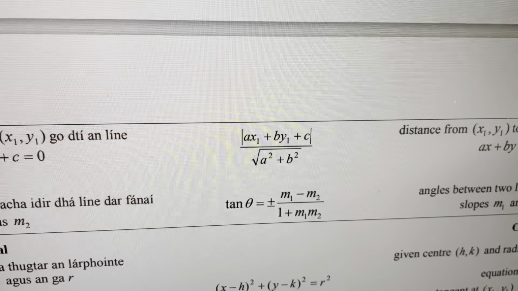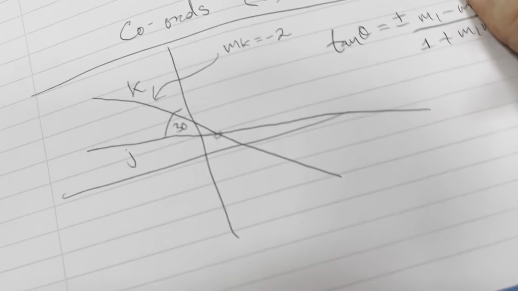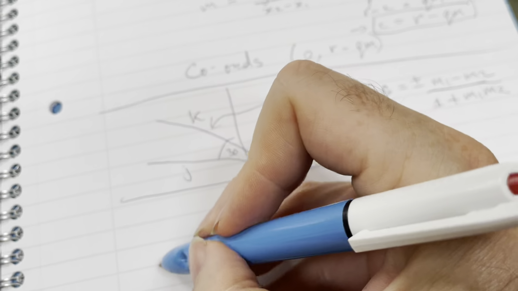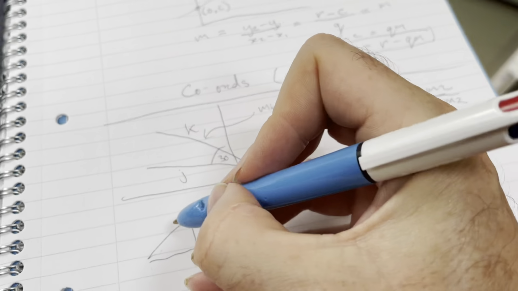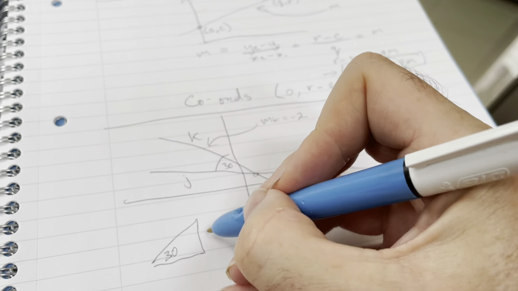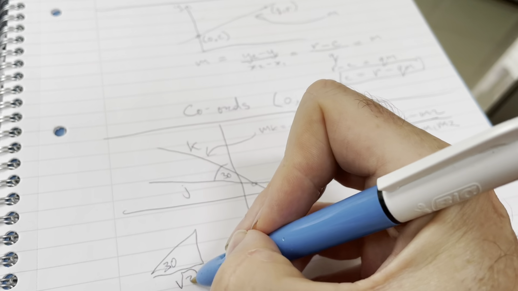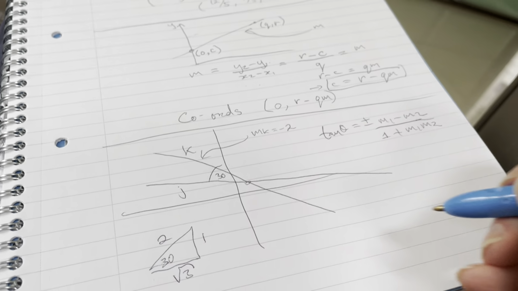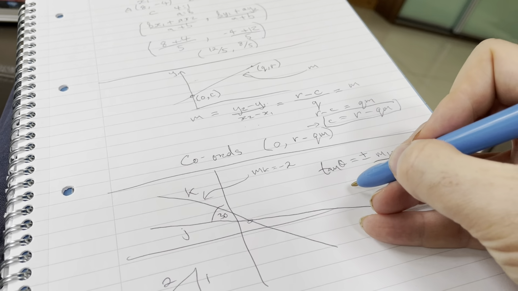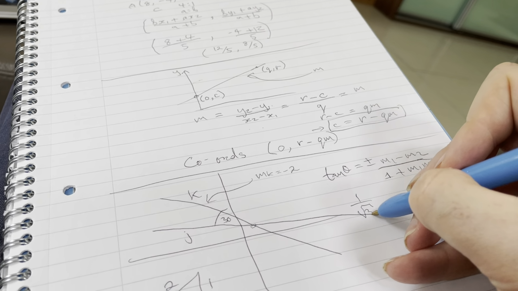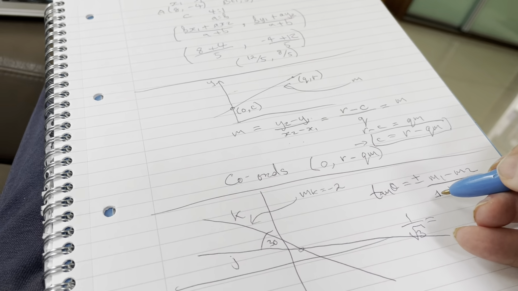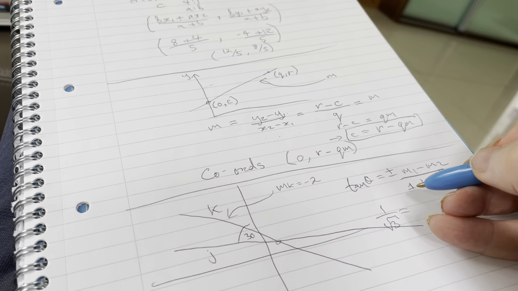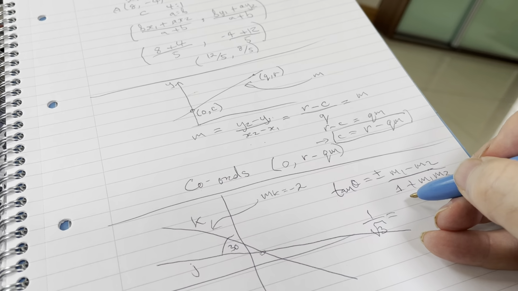Okay, so that's tan theta. So now we have theta. Okay, theta is 30, so let's draw the 30 triangle. That's root 3 there, that's 1. So what's tan theta? 1 over root 3. So 1 over root 3 is equal to, yeah, m1 is going to be -2 now.